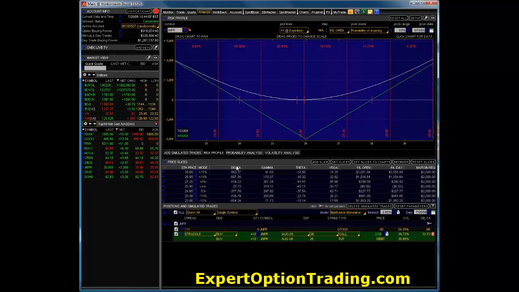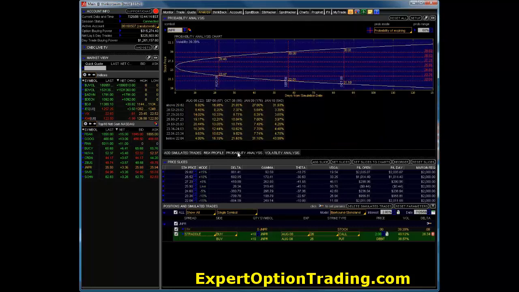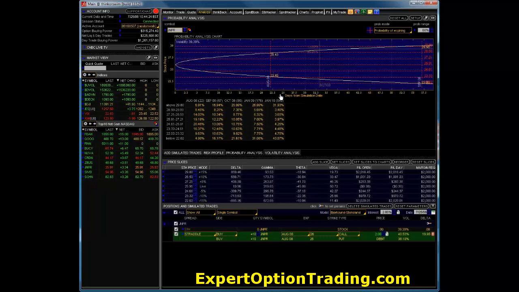So what we want to do is take a look at the probability analysis tab in our thinkorswim platform. And what that does is give us an idea of the stock price volatility, which is 39%, over the next 20 days.